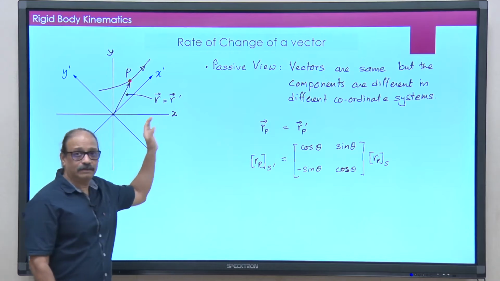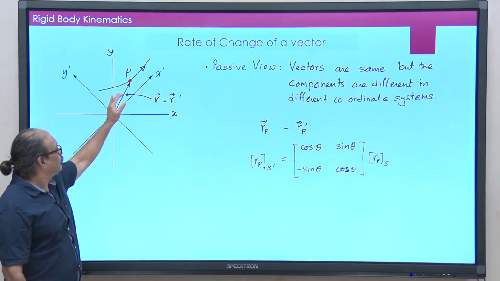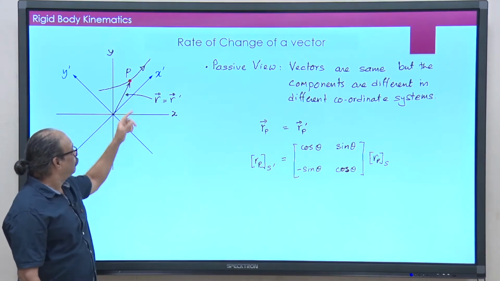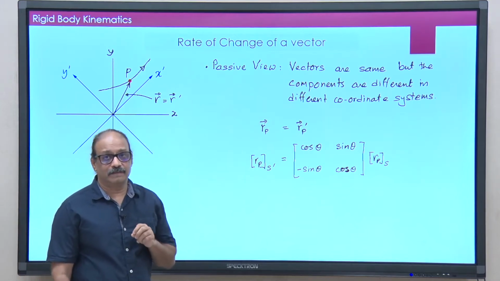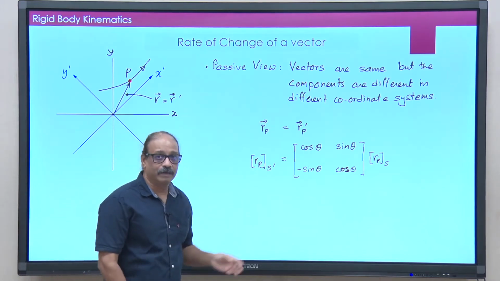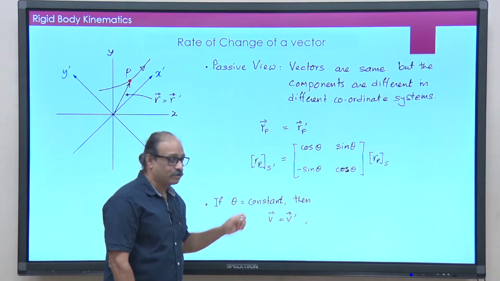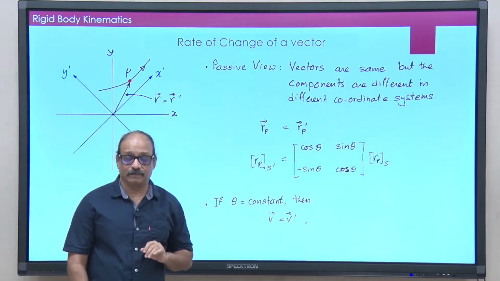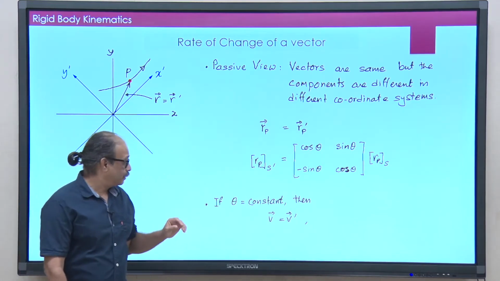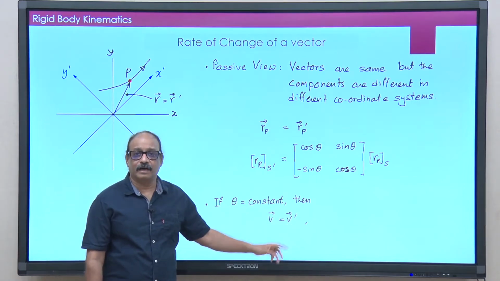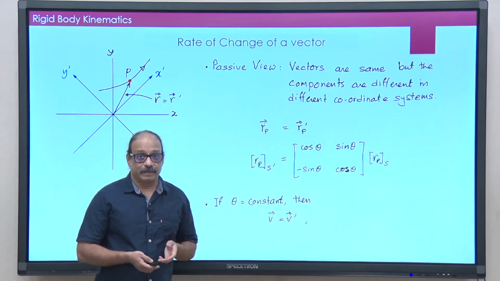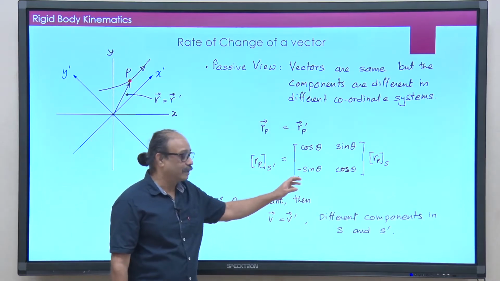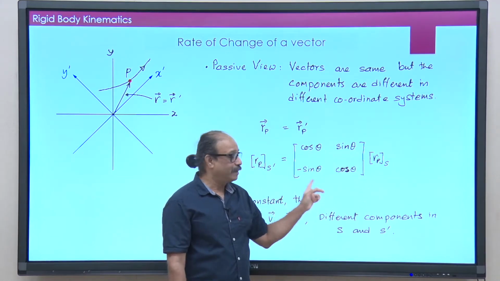When the particle travels along this trajectory, the velocity we know is tangential to the trajectory, and that velocity vector will be seen by both frames S and S prime, and if theta is constant, that means both these frames are stationary with respect to each other, then V and V prime are actually the same vectors, but their components will of course be different, and the components are again connected by the same transformation matrix.